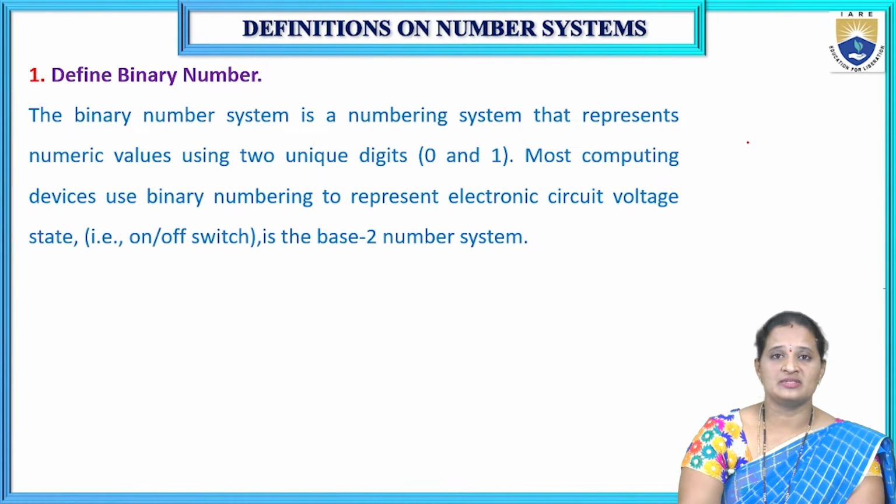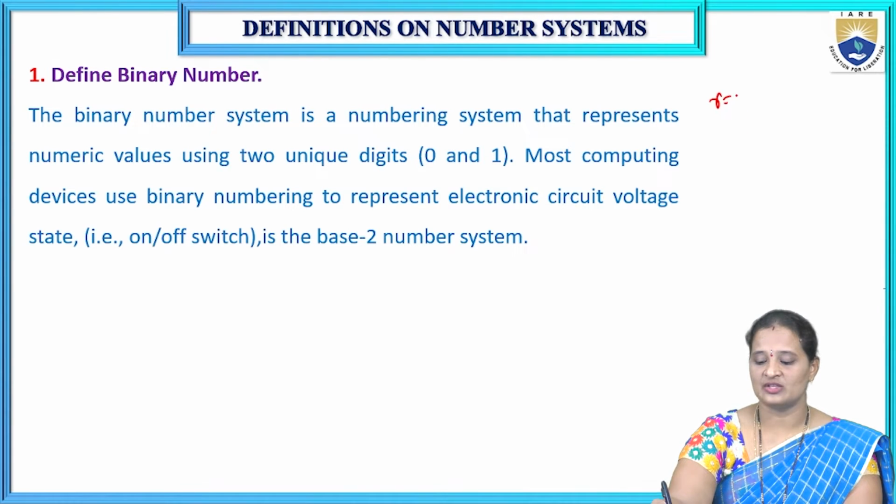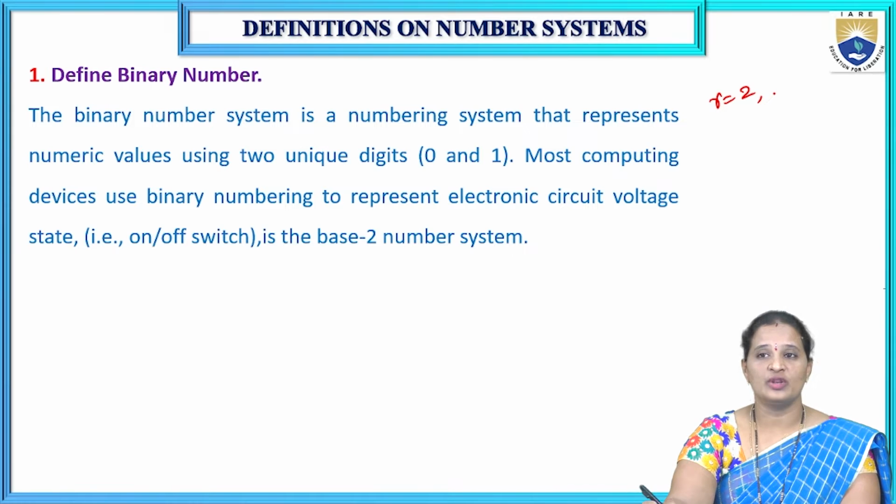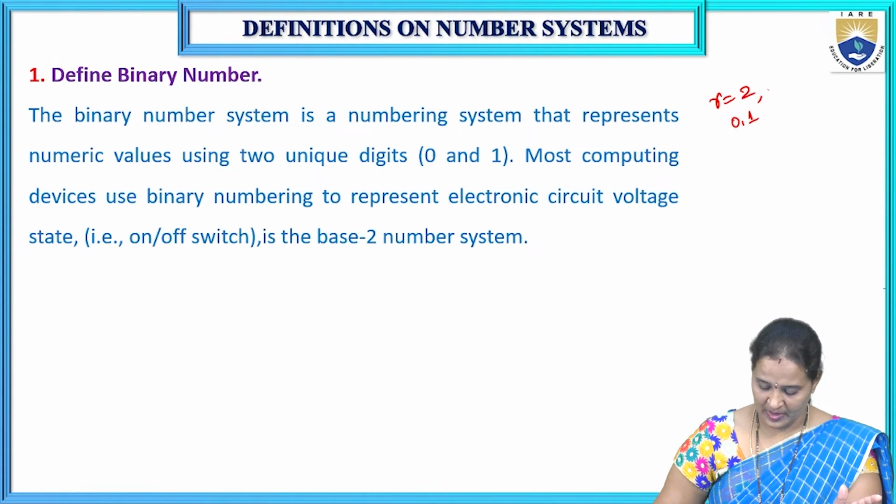So the binary number system has a base or radix of 2, and it has only two symbols, 0 and 1. Every piece of information will be represented in the form of zeros and ones. So that is the binary number system.